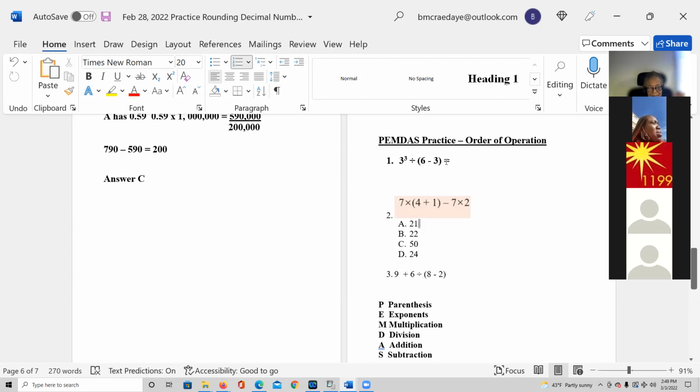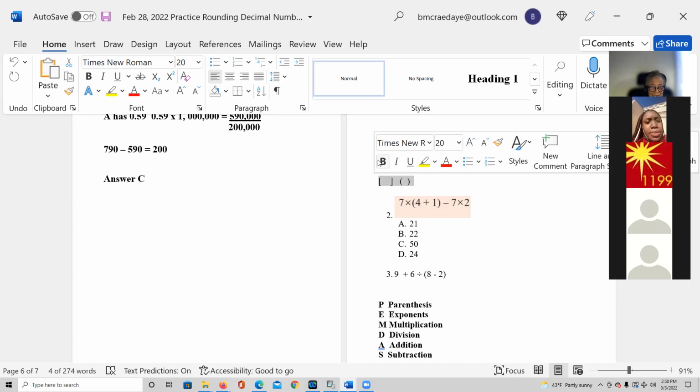Let's see if I have a bracket here on my computer. That's a brace. That's a bracket. That's a parenthesis.